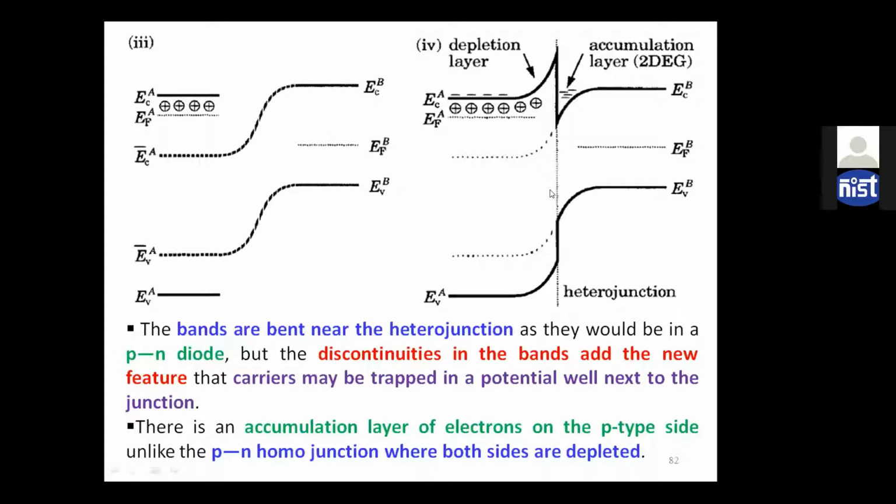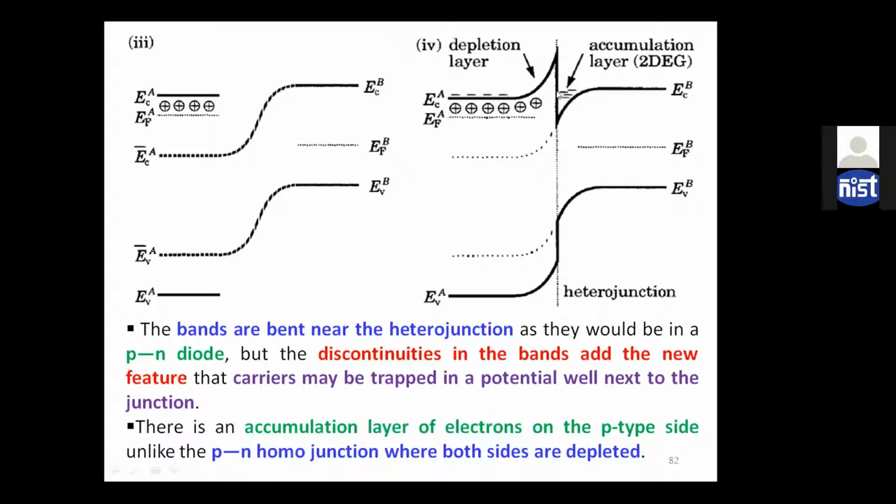The interesting fact you can see here: if you take a normal PN junction, the bands are bent near the heterojunction as they would be in a PN junction diode, but the discontinuity in the bands is the new feature, so that carriers may be trapped in a potential well next to the junction. Here the electron will be trapped. In a PN homojunction, on both the N side and P side, you can see there is a depletion.